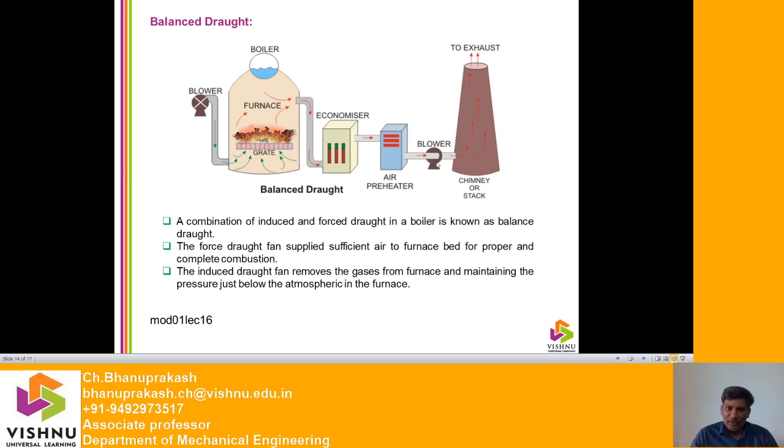The induced draught fan removes the gases from the furnace, maintaining the pressure just below atmospheric in the furnace. Then the gases pass through the chimney and are released to the atmosphere. That's all. This is the working of the balanced draught.